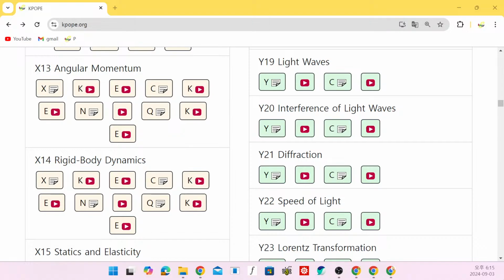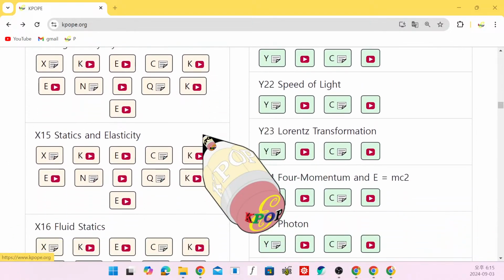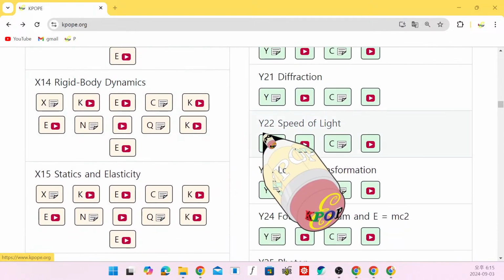Based on this idea, we extend it to study rigid body dynamics. The motion of a bulk object is in some sense quite similar to the motion of a particle, but it has a special feature. That is the most difficult part in comparison with what we learned in high school physics.